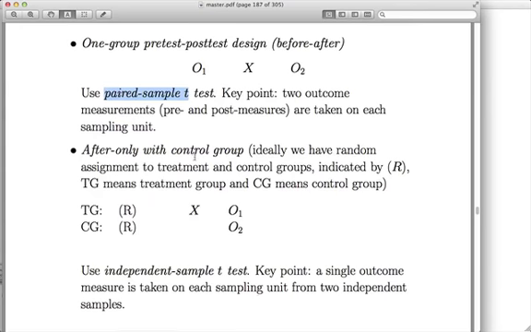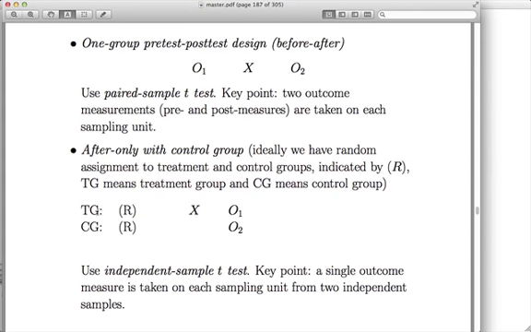Okay. The other approach is this. This is where you have two different populations, and you take a measurement on the units from each of those populations. So this usually comes about whenever you have a classic A/B test.